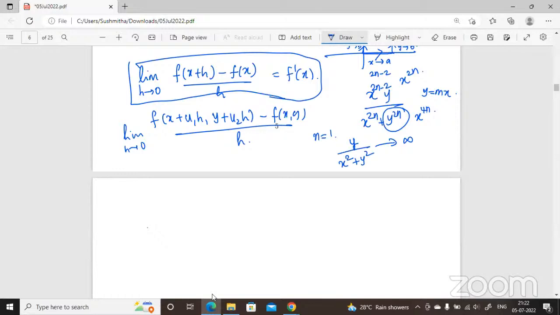Now if it is greater, if k is greater than 2n, then the terms in the numerator have higher power, so they will dominate, and this will go to 0 faster. Okay, thank you.